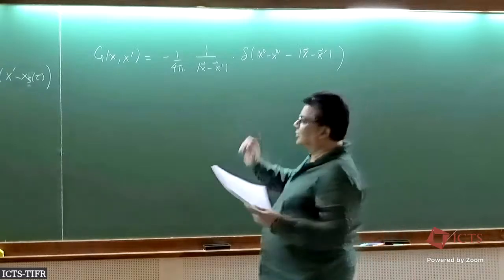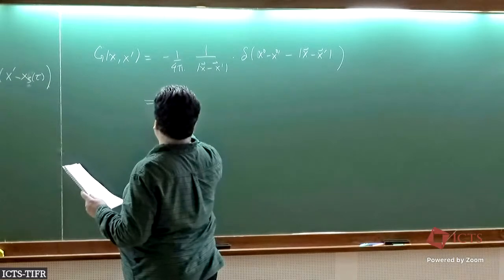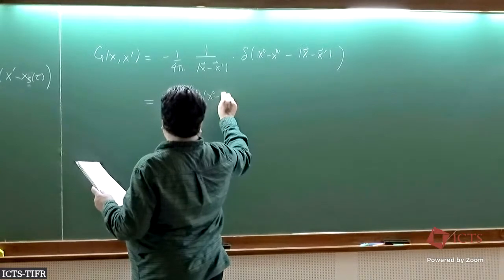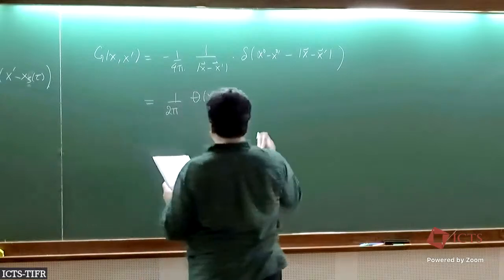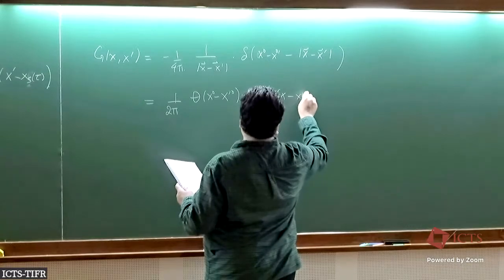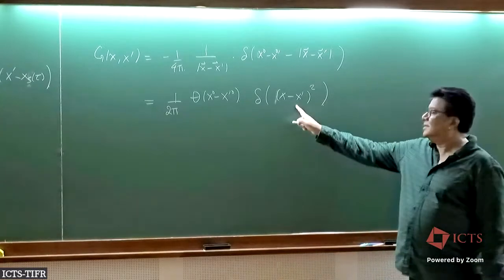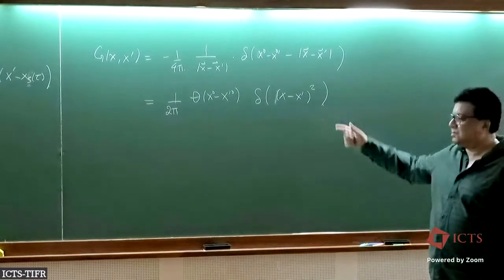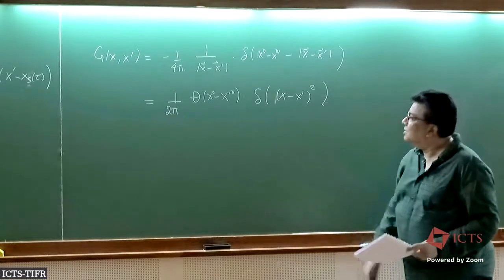But this is also equal to, so you can look it up in Jackson or some other book. Where this is the 4 vector square. That means the time part square minus the space part square. Okay. So these two are the same. One can go from here to here.